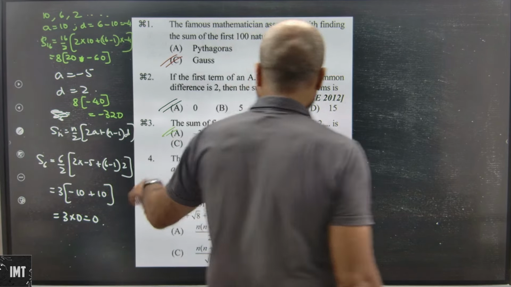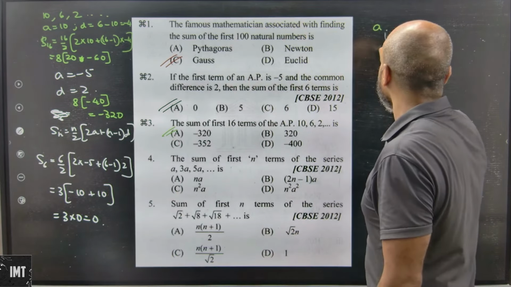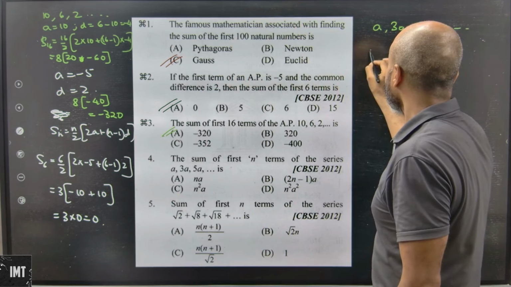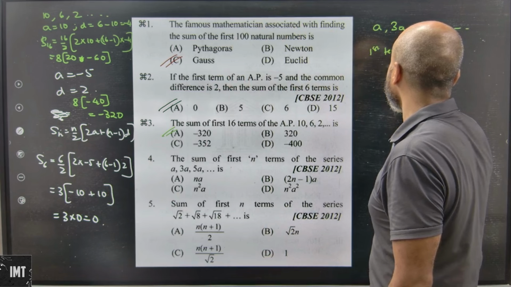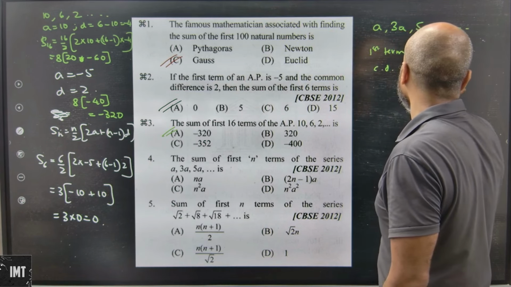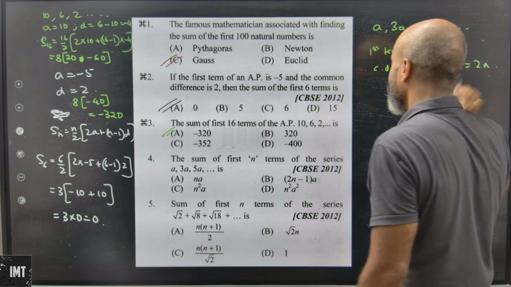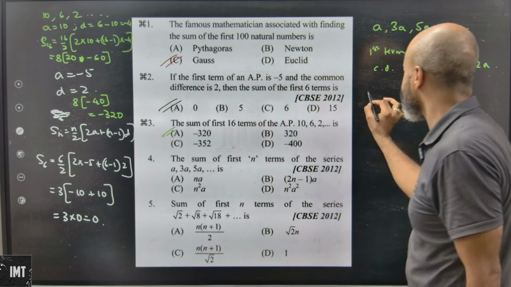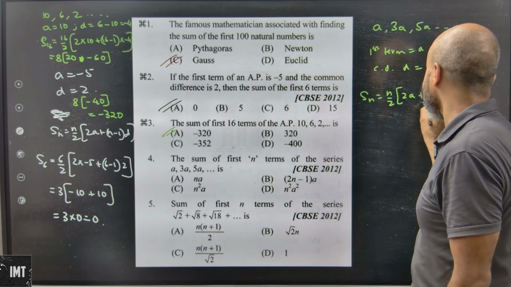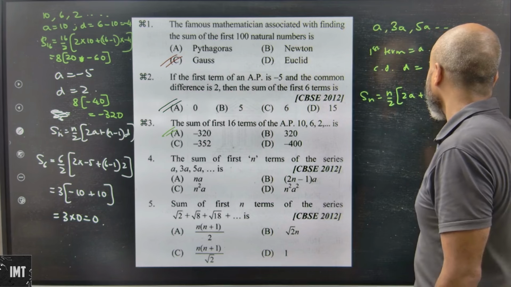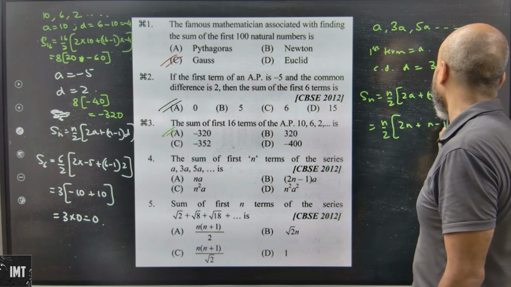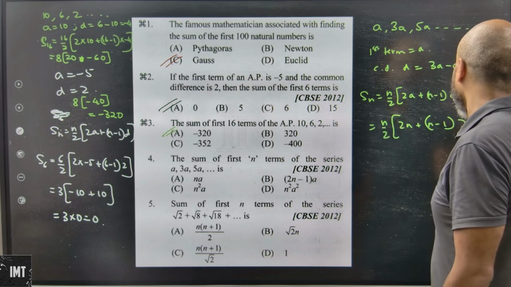The sum of first n terms of the series A, 3A, 5A, and so on and so forth. So here the first term is equal to A, and the common difference D is equal to 3A minus A, that is 2A. Okay, sum of the first n terms Sn is equal to n by 2 into 2A plus n minus 1 into D, which is 2A.